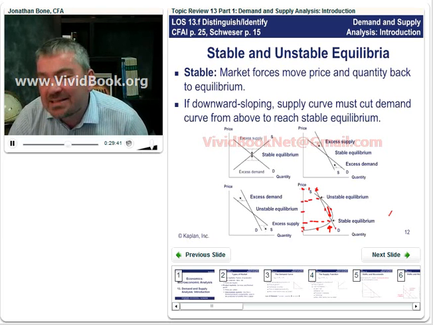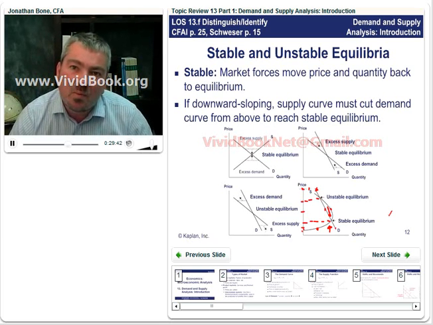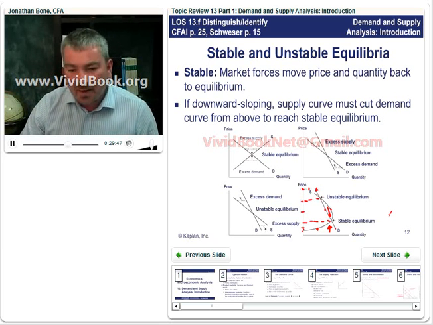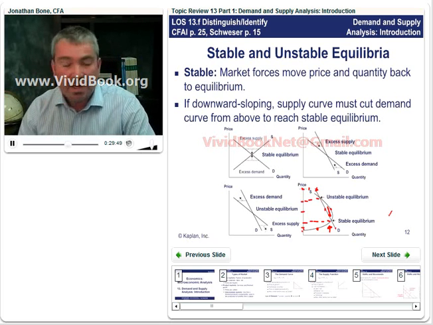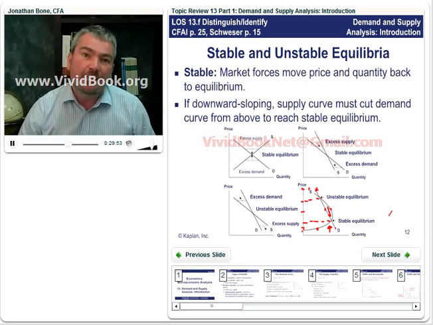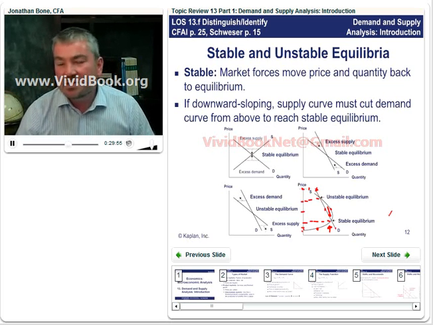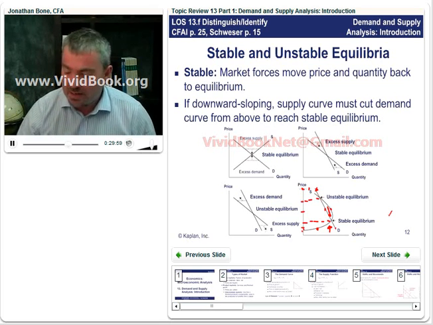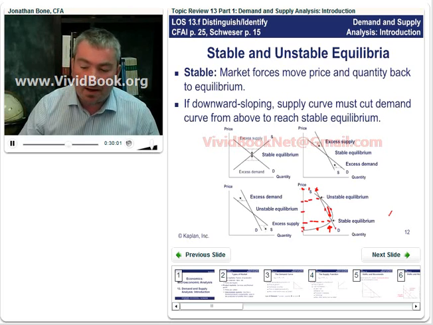We've got excess demand, so price then will move further and further away from that equilibrium. Okay, so remember, apply the rules. If price is above the crossover point, you need supply to be greater than demand for a stable equilibrium, and if price is below the crossover point, you need demand to be greater than supply.